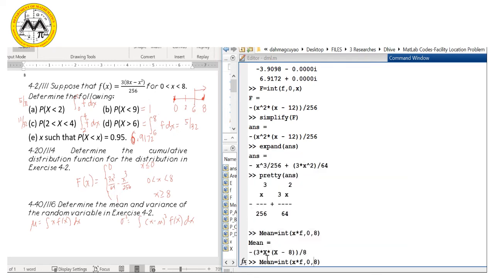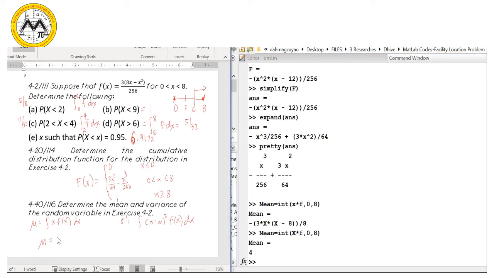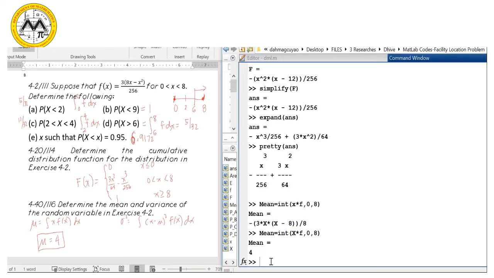Sorry, it should be capital X because the random variable is capital X. So the mean is 4. This is quite practical because it is symmetric, so the mean is at the center. So it is at 4.